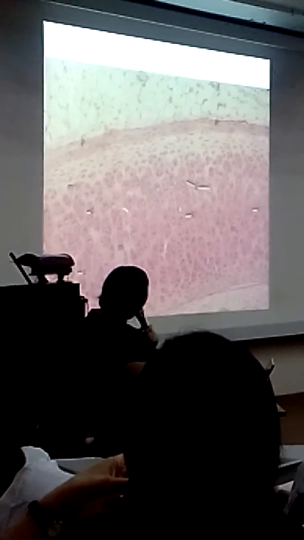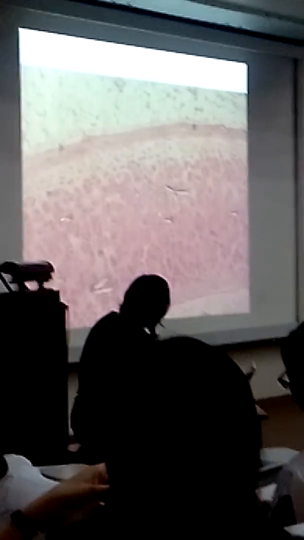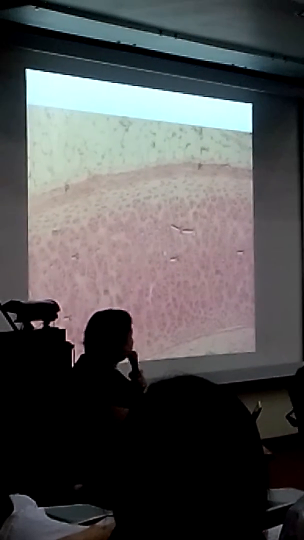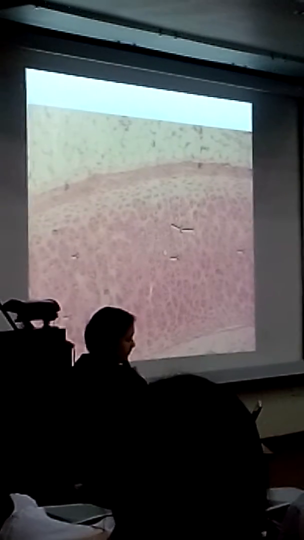You can see there are cells there, here also. The chondrocytes either appear singly or in groups, and in groups they're called isogenous groups.